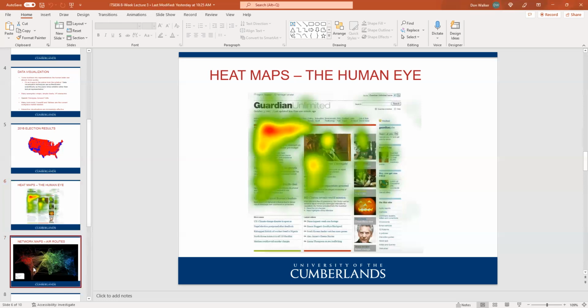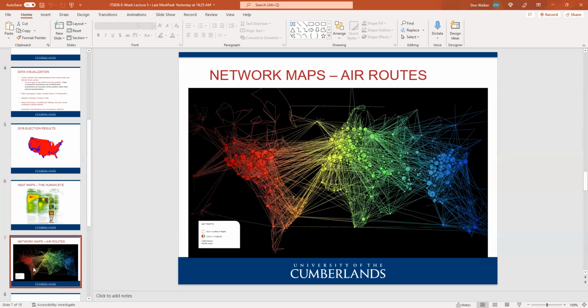That's an interesting, different type of visualization. Ran into this one. It's a different way you could look at this. This is takeoffs and landings from major airports around the world, and the size of the circle is the number of flights, and the color is simply latitude and longitude.